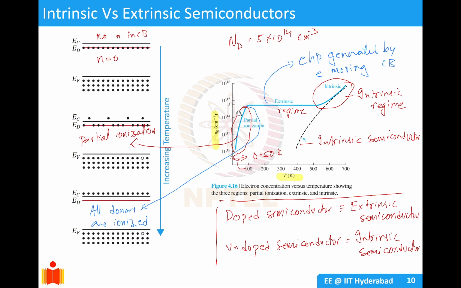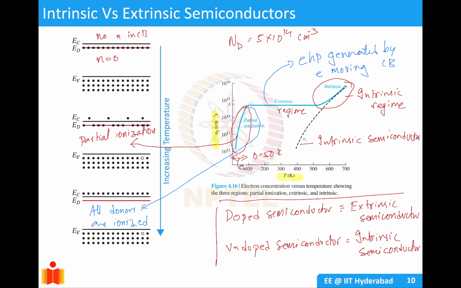This is your electron concentration versus temperature, for an extrinsic semiconductor. In the moderate temperature regime, like 200 to 400 Kelvin, your carrier concentration remains constant and is almost equal to your donor or acceptor concentration.